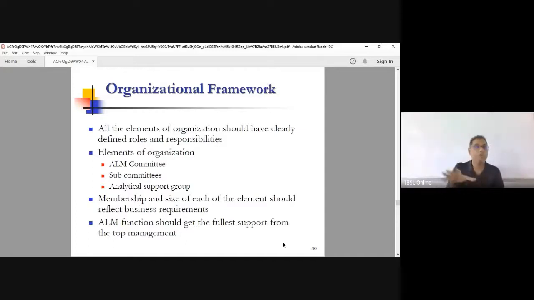It depends on the individual company. So the organization framework will tell you, okay, look, within the organization, these are the people who are responsible to make sure the strategic framework or strategy of the bank is met, and thereby get the fullest sort of support from the management.